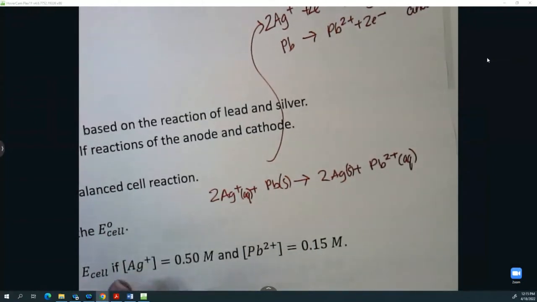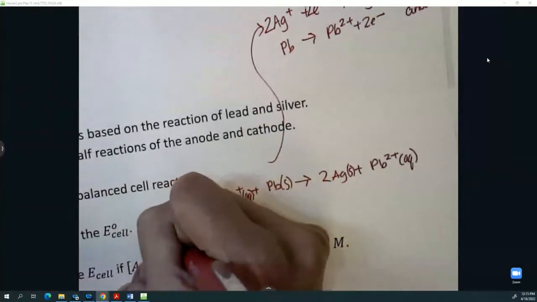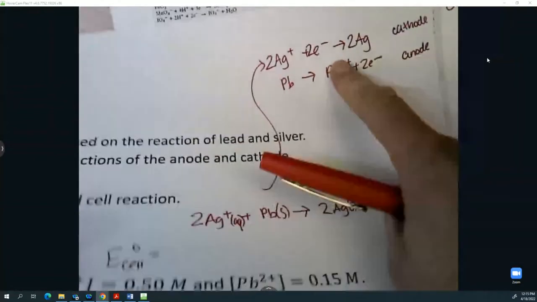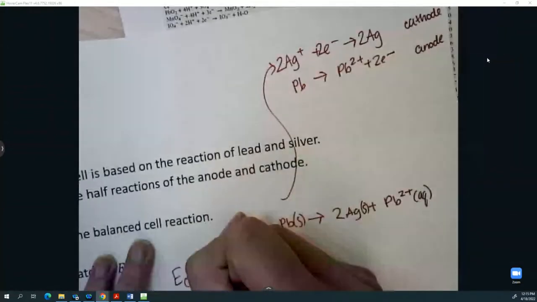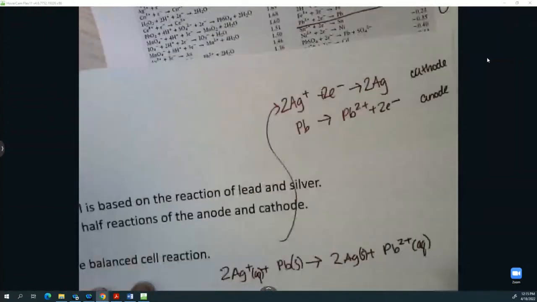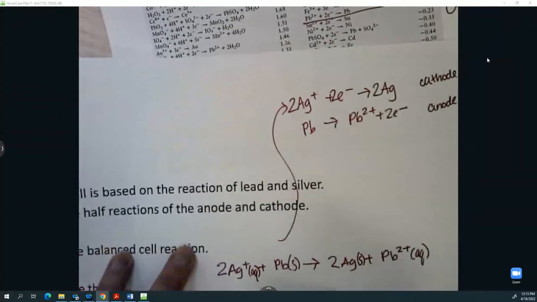All right, so then E-cell standard, hopefully easy enough at this point. I know which one's my cathode. That was the 0.8. My anode, negative, so minus negative 0.13.